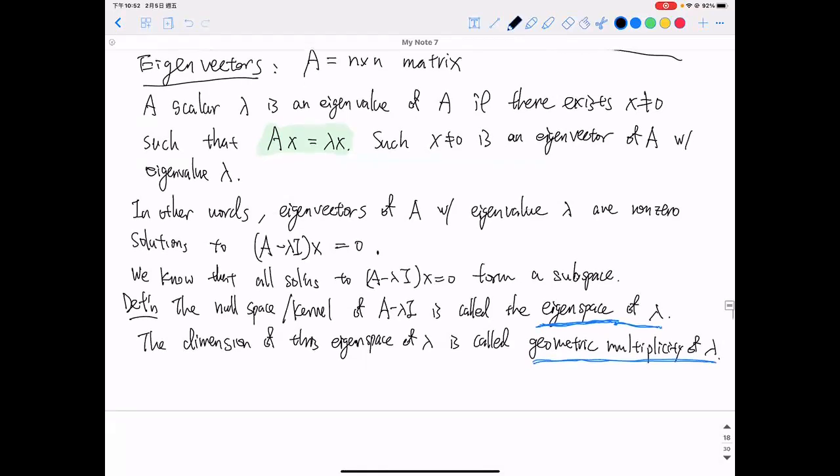Now, recall that there's another notion of multiplicity, the algebraic multiplicity.